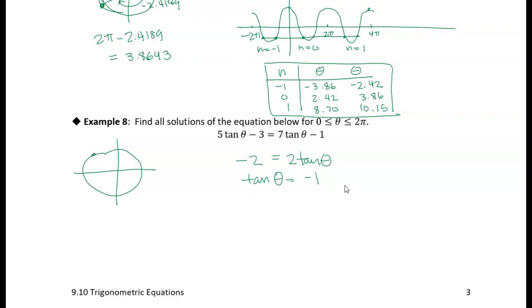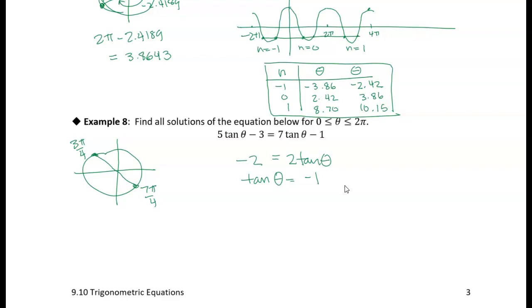It's going to be negative 1 over here and over here. This is 3 pi over 4. This down here is either negative pi over 4 or we could make it 7 pi over 4, if we're going just in the positive direction.